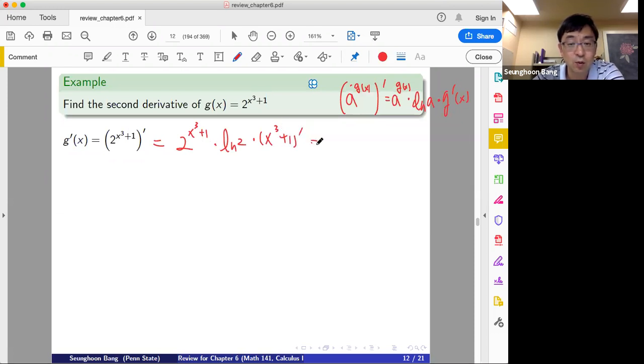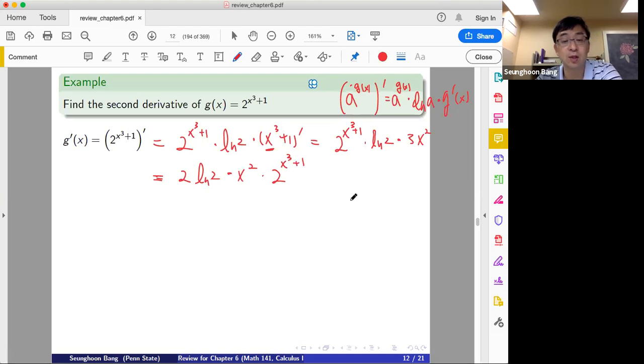We have 2 to the x cubed plus 1 times ln of 2 times x cubed prime, which is 3x squared, and 1 prime equals 0. You can rearrange: 3 times ln of 2 times x squared times 2 to the x cubed plus 1. This is the whole idea.